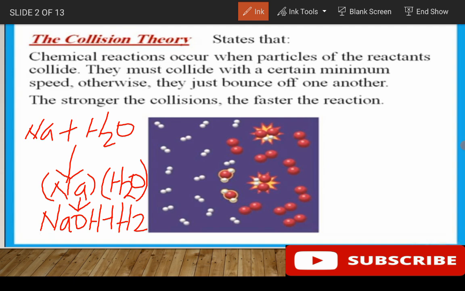That activation energy will cause the reaction to occur. Without this collision, the chemical reaction cannot happen. So that's what is called the collision theory.